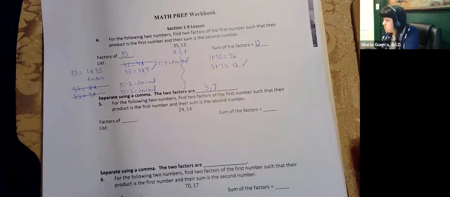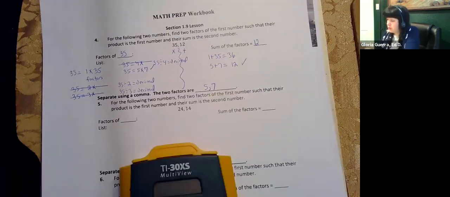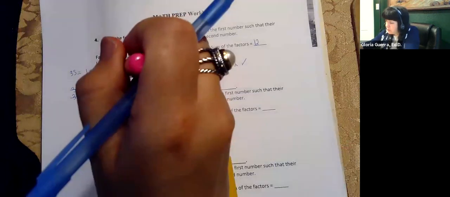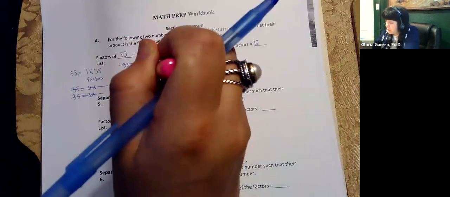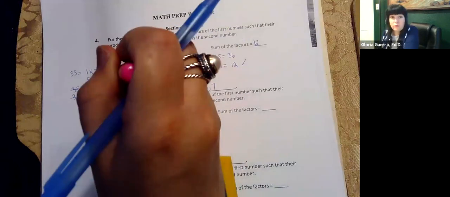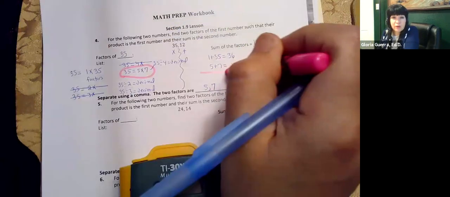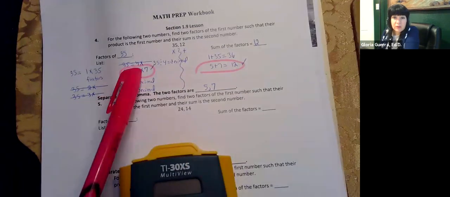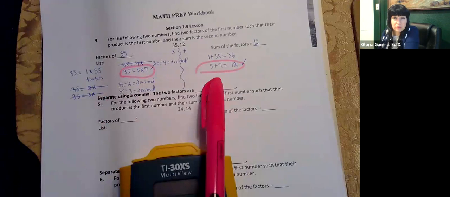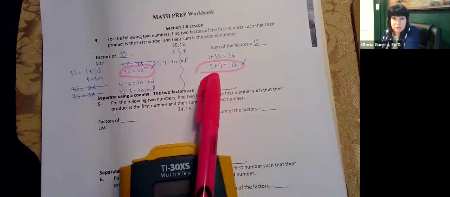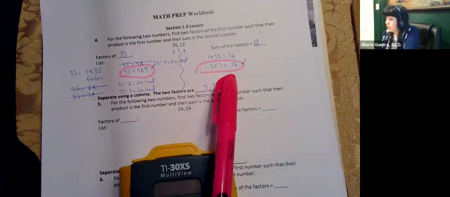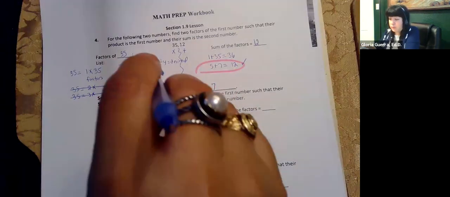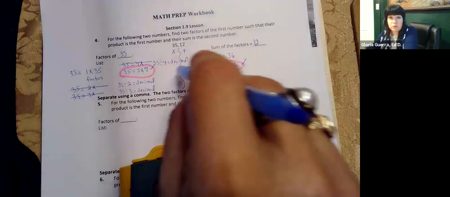So I would say minimum work needed would be this and this, because they want the 2 numbers whose factors, when you multiply them, you get, in this case, 35. And when you add those same numbers, 5 and 7, you get 12. Okay? So I would say minimum is what I have there in pink. And of course, this goes into the computer.